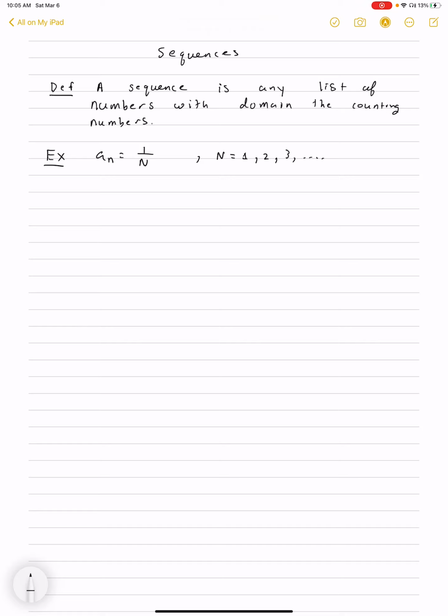The second thing is that this is a restriction of a function. So if we let f of x be equal to 1 over x, the sequence a sub n is just the restriction.